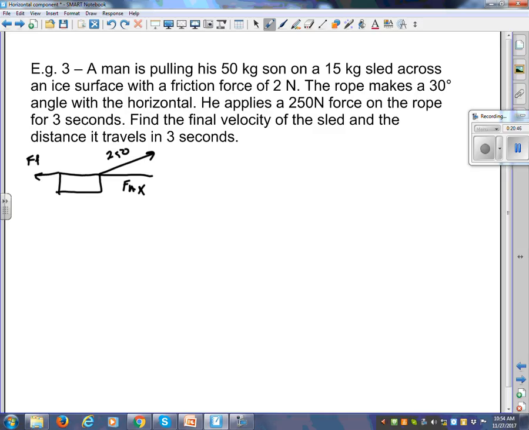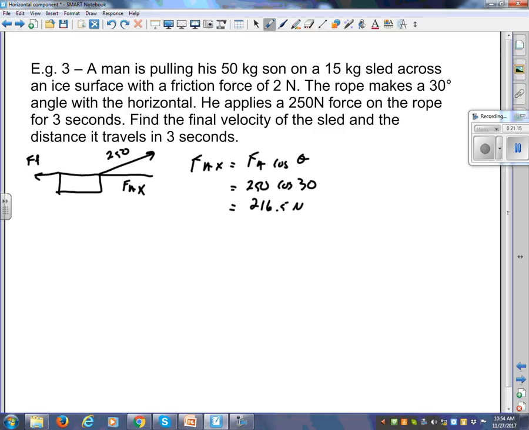Okay, so as before, our first step is to find the FAX. So hopefully you wrote FAX is equal to FA cos theta, which is 250 times the cosine of 30 degrees, 216.5.